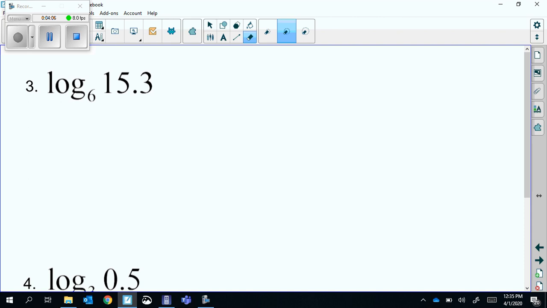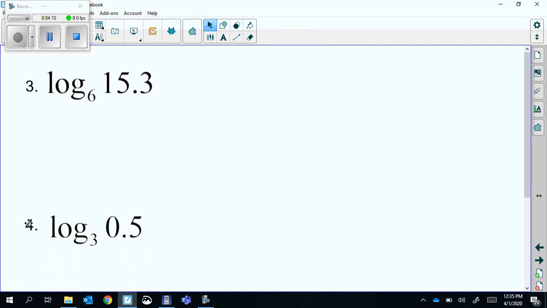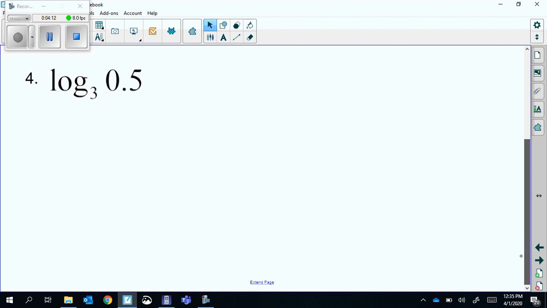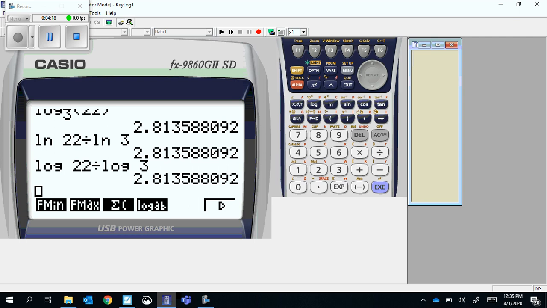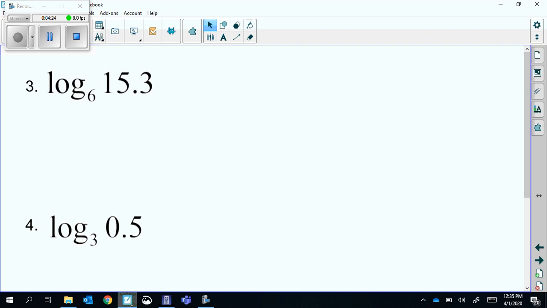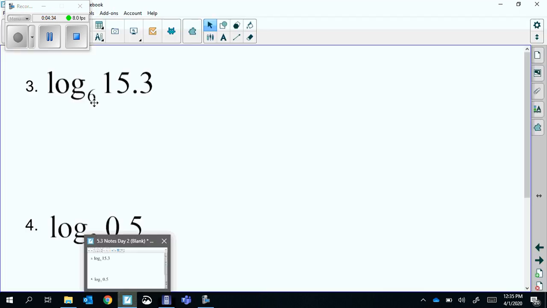So a couple more examples here. We're just typing these in. Log base 6 of 15.3. So again, you could do log base, or we could do log of 15.3 over log of 6, because the base is 6.